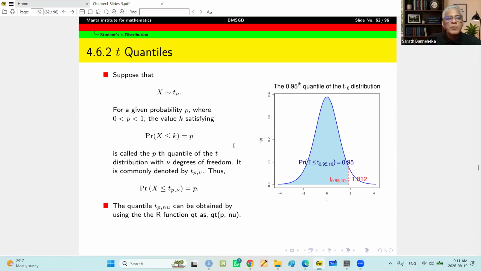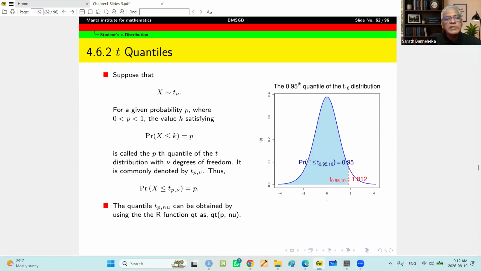So that means if X has a T distribution with 10 degrees of freedom, then the probability that X is less than or equal to 1.812 is equal to 0.95. Therefore, this value 1.812 is denoted by T 0.95 comma 10. That is one way to denote it according to this convention.